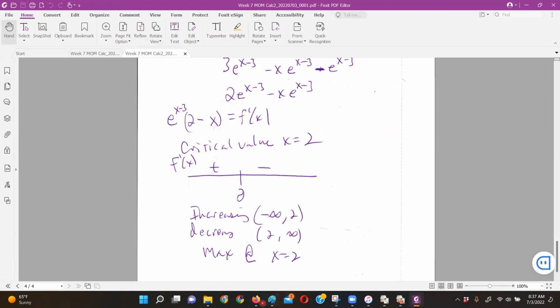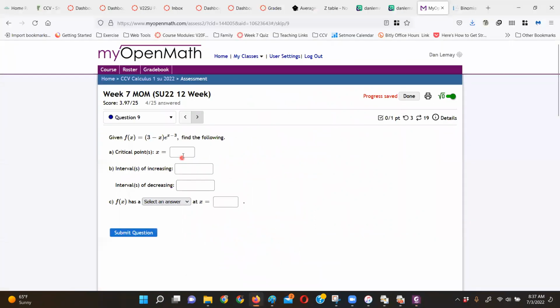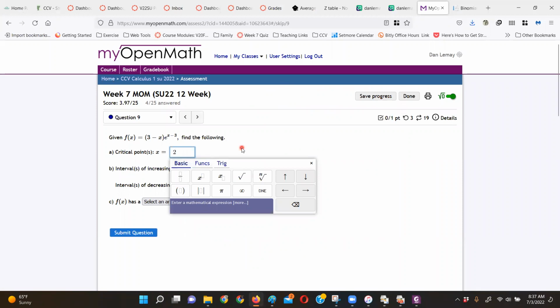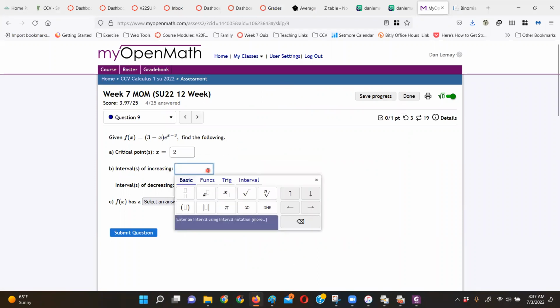Okay, so let's go back and I don't think we need to worry too much. I'm pretty sure I'm going to get this right. Decreasing, what did I say? Sorry. It'd be nice to have that other page up here, wouldn't it? Decreasing from negative infinity until 2, or no, it's increasing.